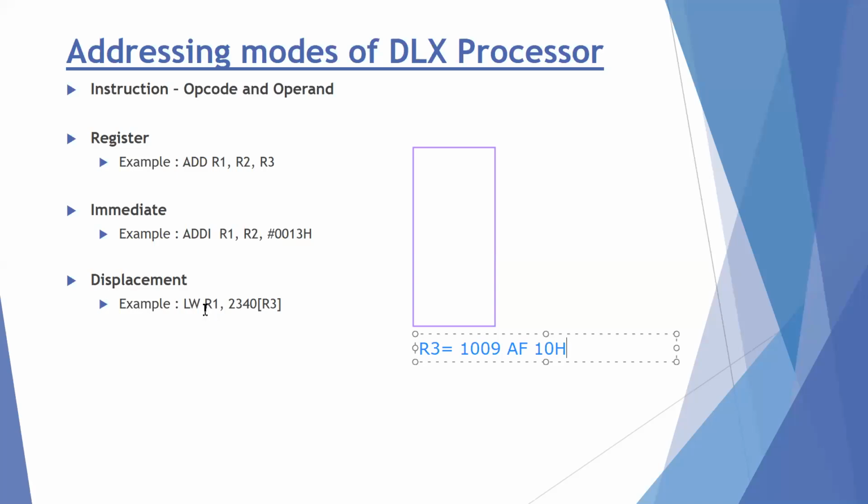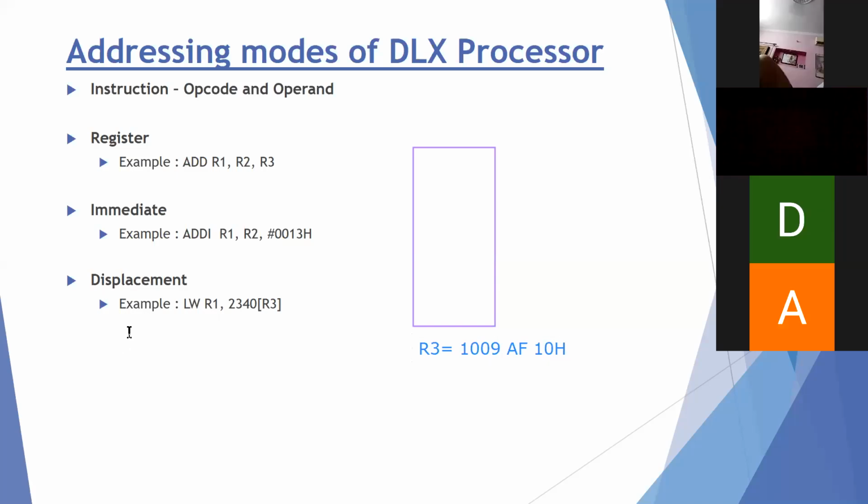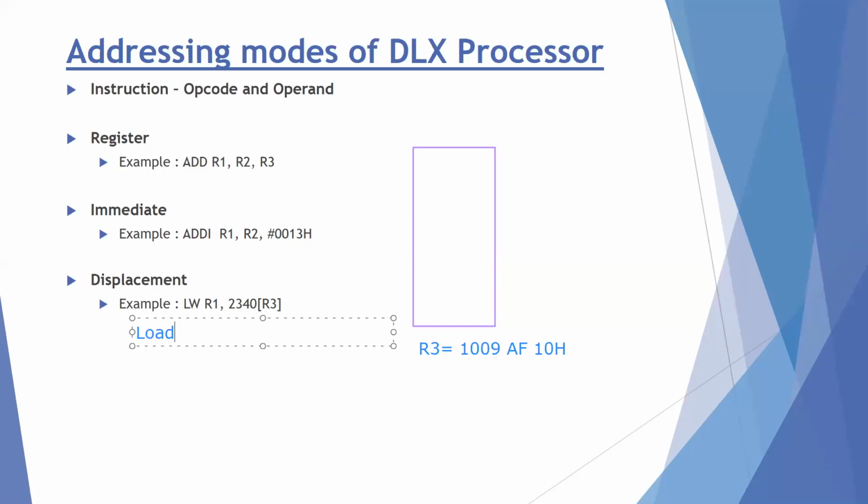We will read this instruction in detail when we study load store instructions, but right now just for your information, the base displacement addressing mode is used with load and store operations. Whenever we have to access the memory, all the load and store operations use base displacement addressing mode.